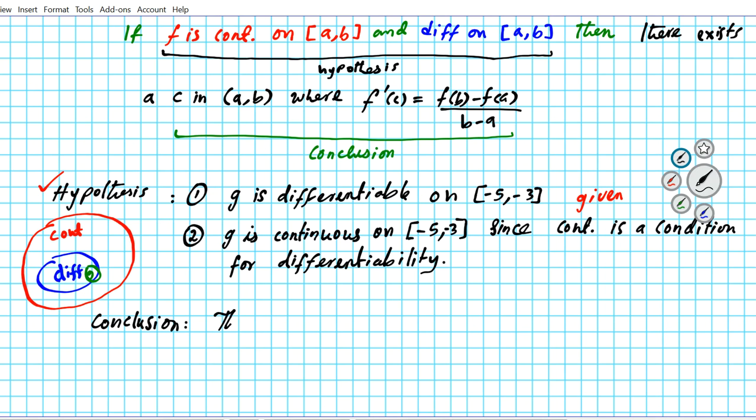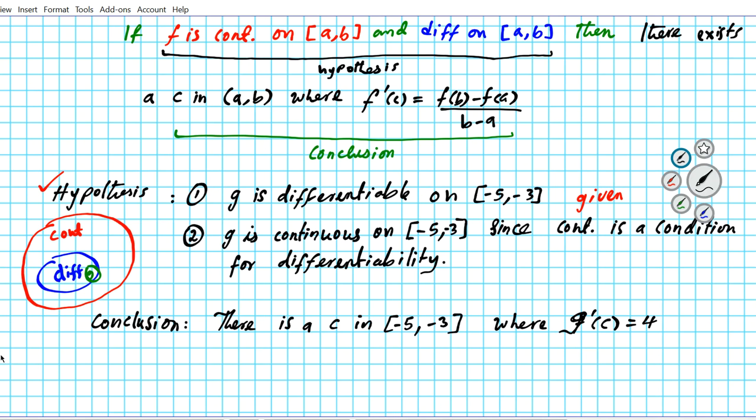So based on the conclusion of the mean value theorem, there is a C in this interval -5, 3, where g prime of C is equal to -4.